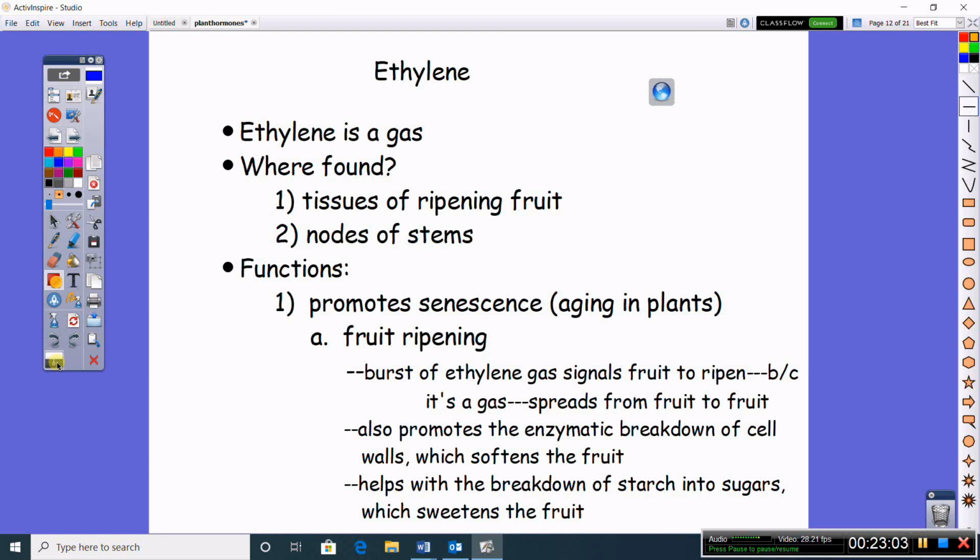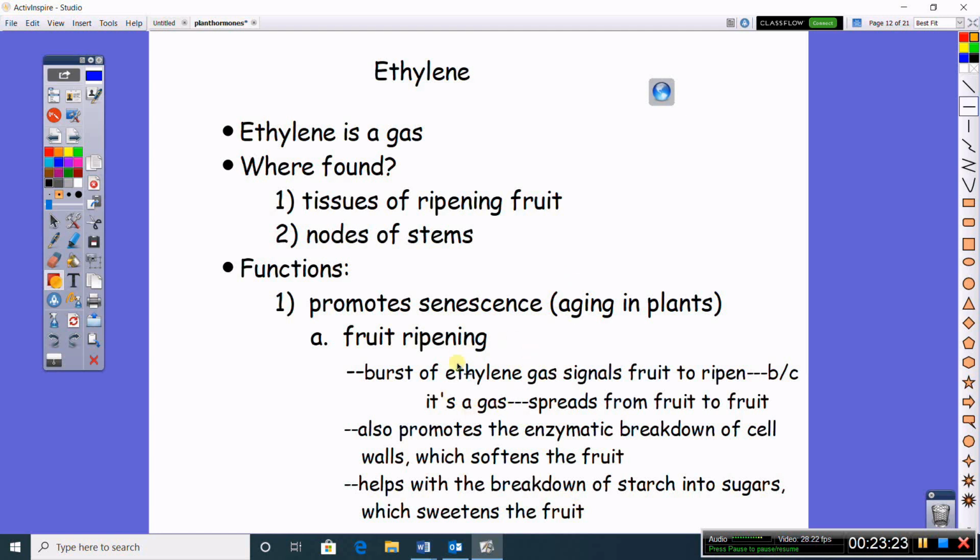It also promotes the enzymatic breakdown of cell walls, which is going to help to soften the fruit. That's part of ripening. When it softens too much, the fruit can become overripe. And it helps with the breakdown of starch into sugars, which is going to help to sweeten the fruit.